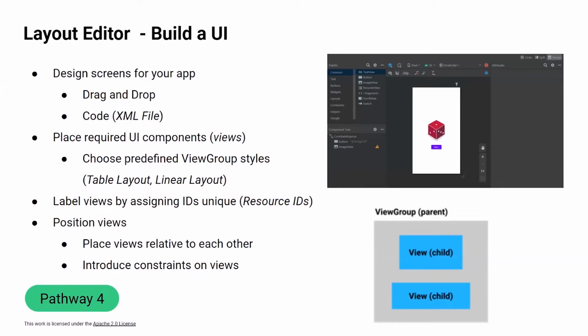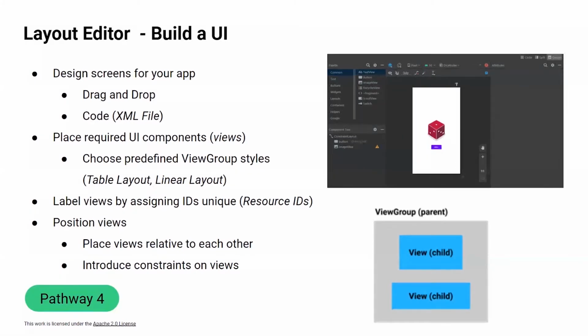We briefly looked at view groups in the previous session. A view group contains multiple views in it. So it's like a box with certain items placed in it in certain positions. The box will be the view group and the items will be the views. There are different types of view groups a certain screen can have.